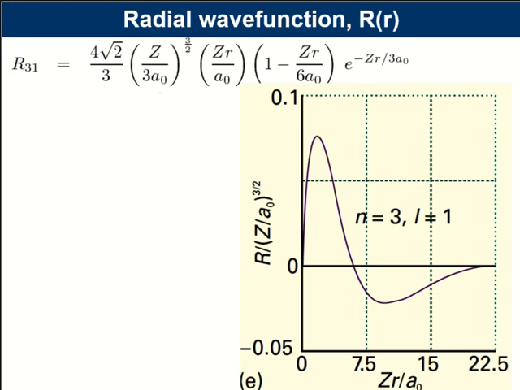So the one node that appears is given by this. So this particular point is here. When you equate 6a0 is equal to zr, you get the value of r, the point where amplitude is 0. वो point यहाँ पे दिखाया है.